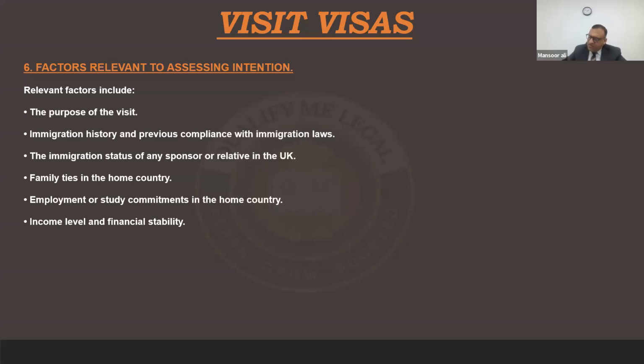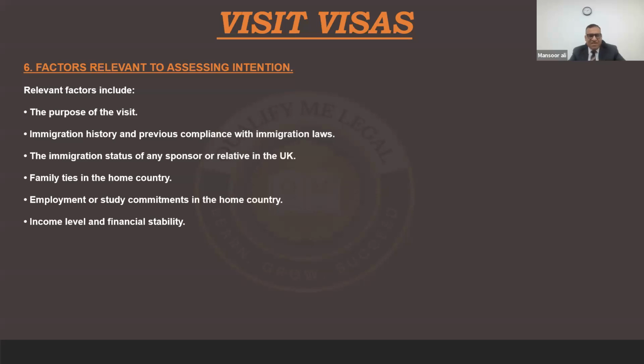And I forgot to discuss, if you are a salaried person, then you need to provide 3 to 6 months of salary slips to the Home Office. Because through salary slips, you can satisfy the Home Office that I'm doing a job in my home country.